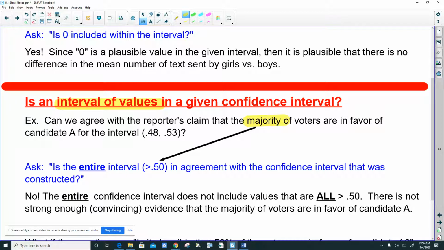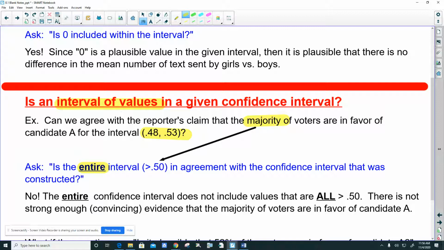When we're asked whether the majority, we want to look at our interval and ask, is the entire interval in agreement? In other words, is our confidence interval including all proportions that are larger than 50%? And in this case, it's not. The entire interval does not include all of the values above 50%.